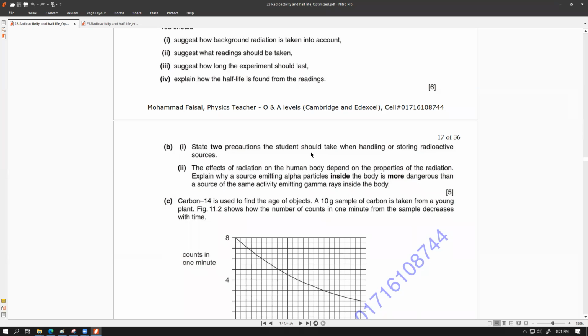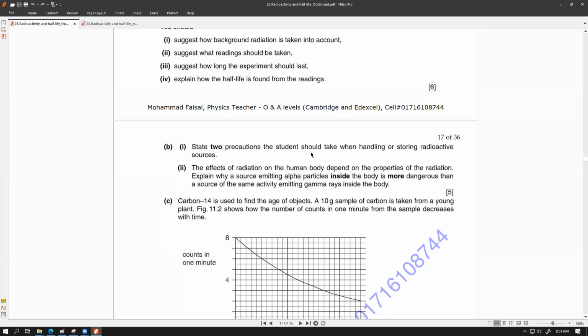Alpha rays can't get out of the body easily. They stay there and deal damage. Gamma rays have high penetration power, so they can easily leave the body without dealing much damage. They are not stored inside the body and do not cause further damage.